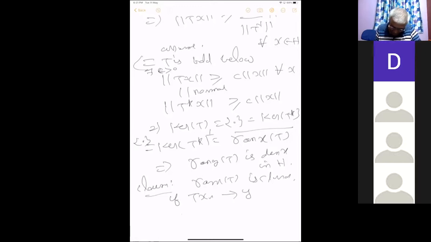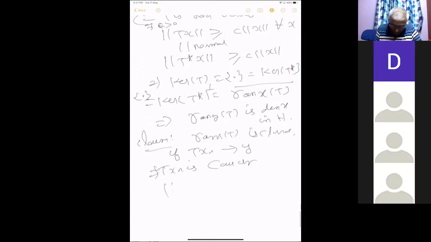Txn converges to this, so this implies Txn is Cauchy. Then norm Txn minus Txm, since T is linear, is greater than C times norm xn minus xm. So this implies xn is Cauchy.